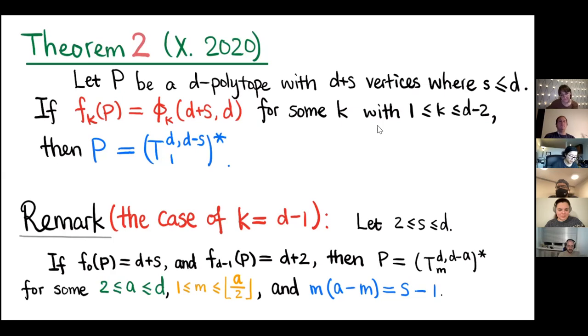So if you have the equation Fk equals Vk for some k between 1 and D minus 2, then P has to be the polytope we just found. You may notice that k only goes up to D minus 2, because for k equals D minus 1, that's the case when you fix the facet number, and the minimal facet number we know is D plus 2.